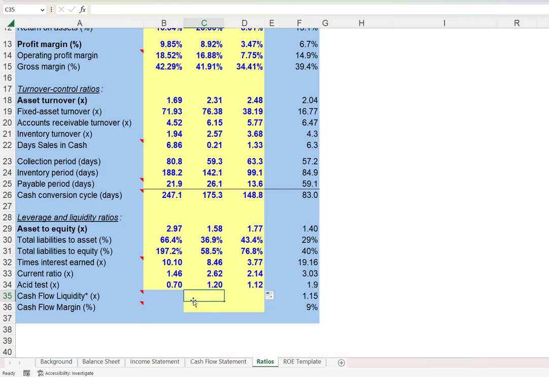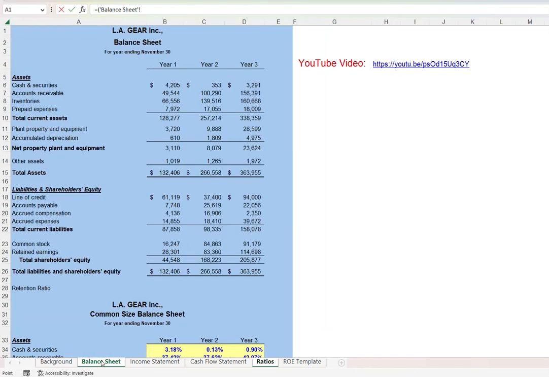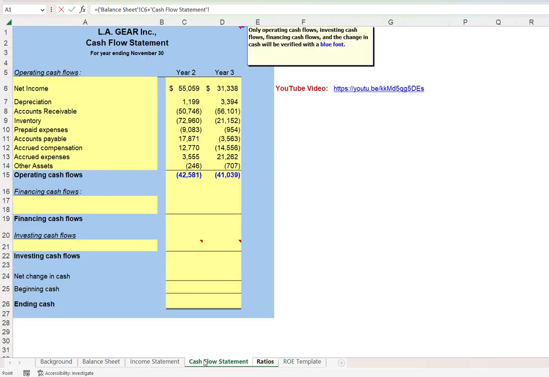So let's go ahead and calculate that. Cash flow liquidity equals, put in a parenthesis, let's go to our balance sheet. Total cash in year one, we're going to need to do this just for year two because we don't have year one cash flows. So year two cash is 353, plus how much cash came in year two. Let's go to our cash flow statement. Operating cash flows were, cash actually went out, didn't it? Not a good sign.